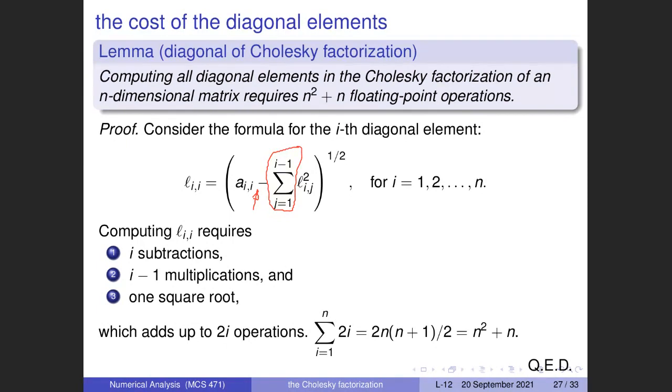I should note that if you really paid very close attention, then you can say that we had i minus 1 subtractions. And this will complicate the notation only a little bit. So you have then n squared minus n. But the n squared is most important.